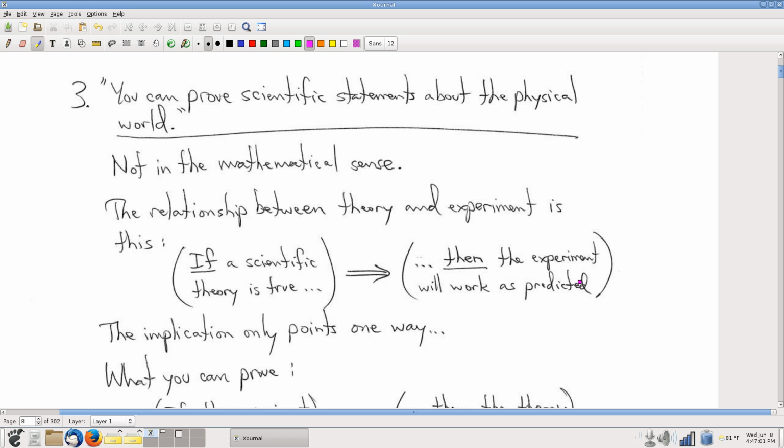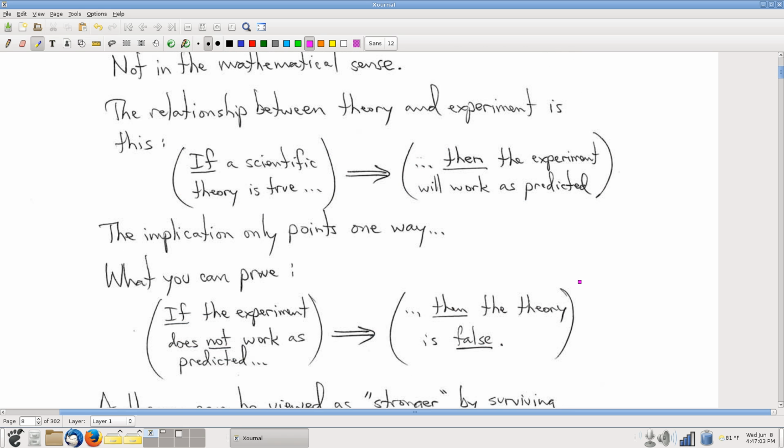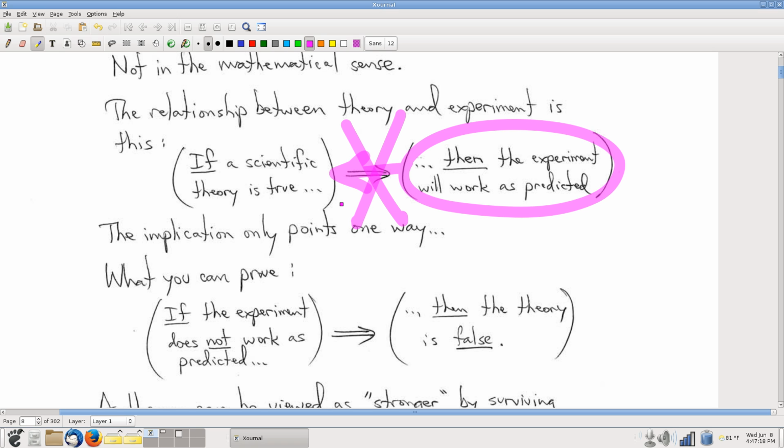But that only goes one way, and it's important to acknowledge that this arrow is a one-way arrow, and you cannot turn it around. It's not the case that just because the experiment worked as predicted, that implies that the theory is true.